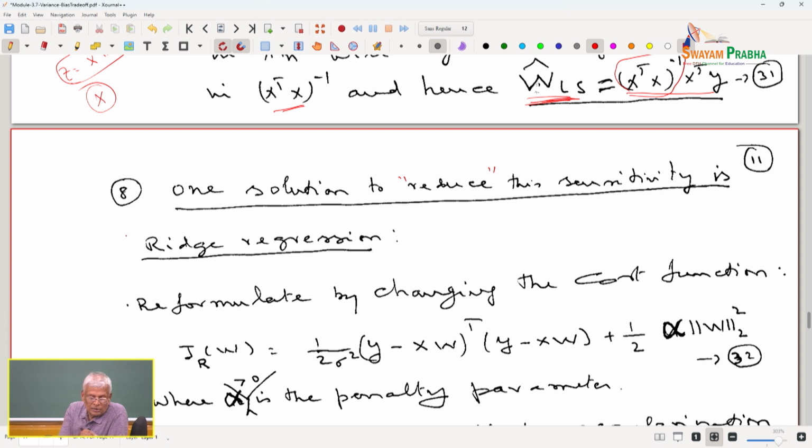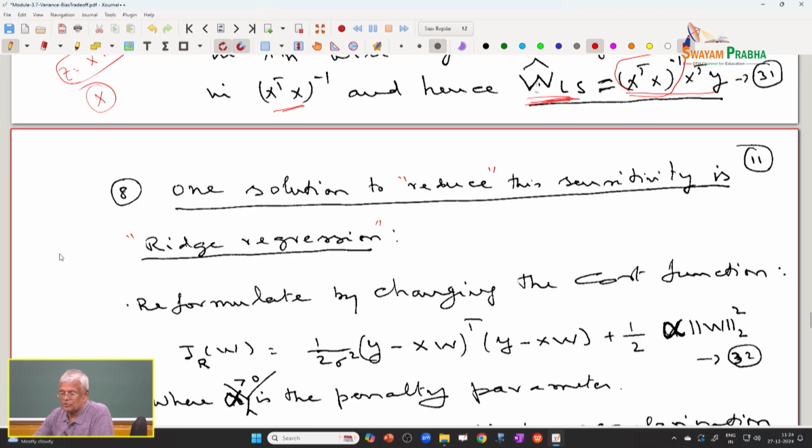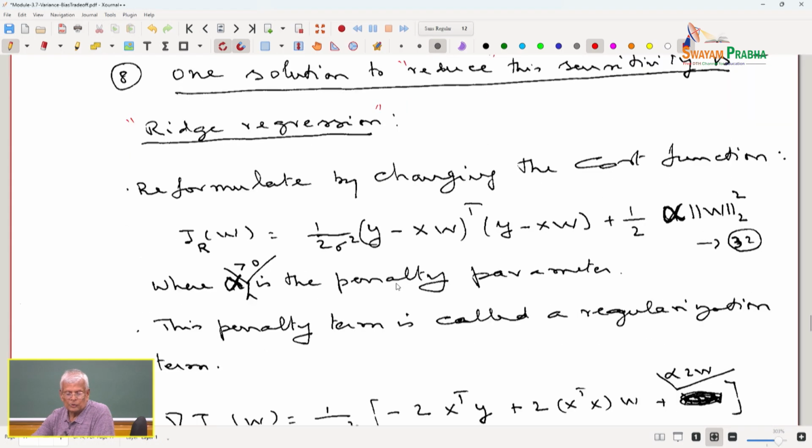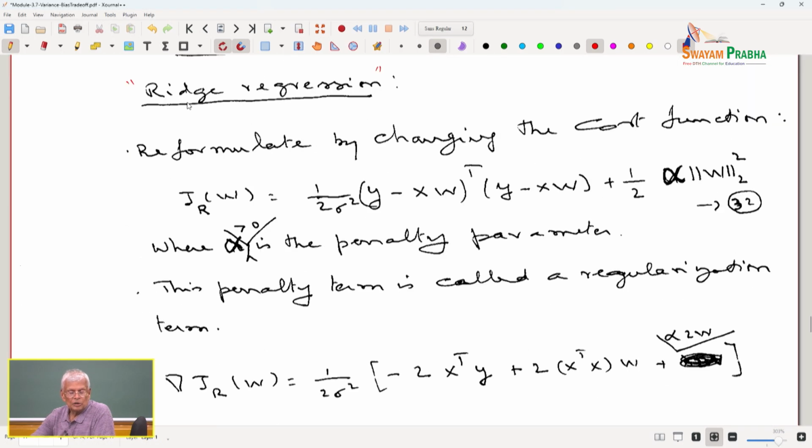One solution is to reformulate it as what is called ridge regression. Ridge regression is essentially adding a penalty term. We have already talked about Tychonoff regularization, the penalty function method in least square regression. And so, another term in here is called ridge regression.